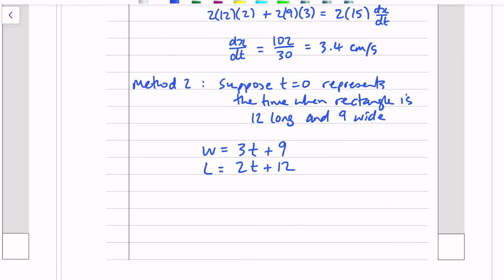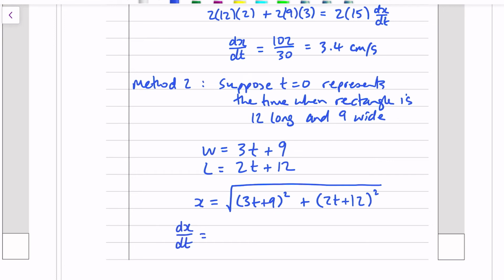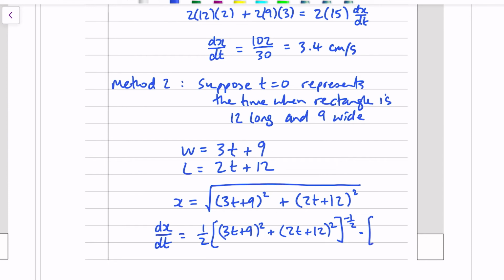And then we use the diagonal. The diagonal, which was x, is the width squared plus the length squared, square rooted. And then if I differentiate, I want dx/dt, bring the half down the front, leave the stuff inside the same, to the power of negative 1/2, and then multiply by the derivative of the inner function.